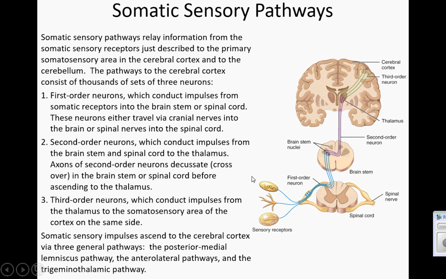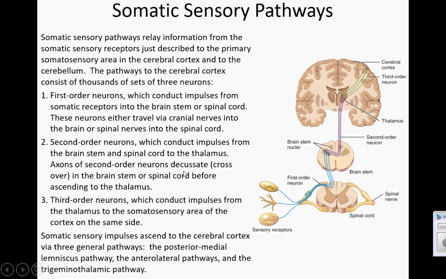First order neurons carry the signal from the receptor, or in some cases are the receptor, into the brainstem, which in this figure we're showing as the spinal cord. So going into the back of the spinal cord, and then up into the brainstem, where we have second order neurons that carry the signal up to the thalamus. We learned previously about decussation.